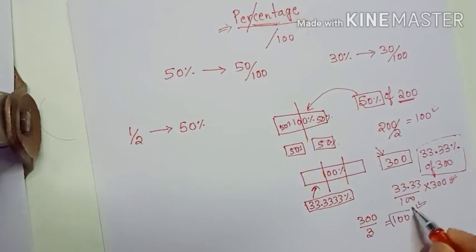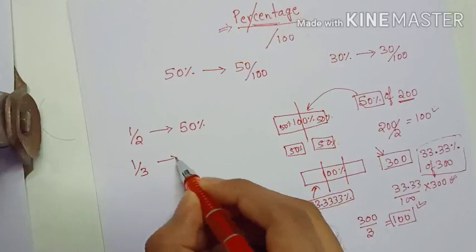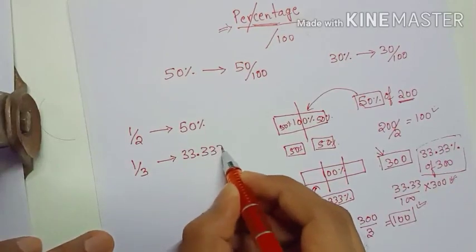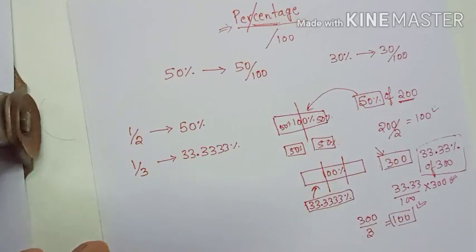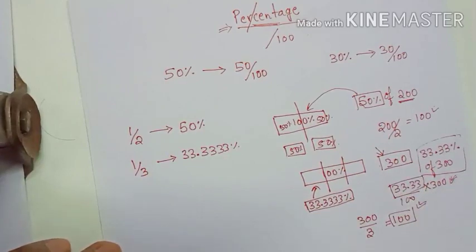So 100 will be 33.33%, right? So I will write here 1 by 3, this fraction represents 33.3333, like continuously, percent.